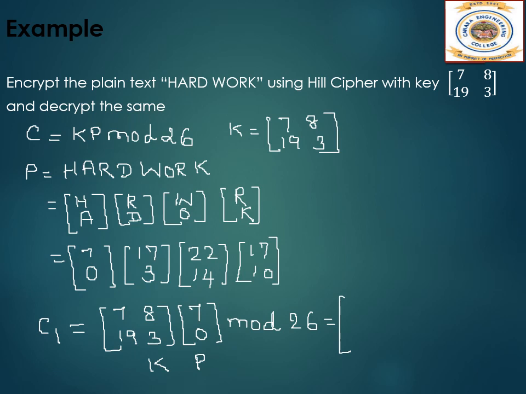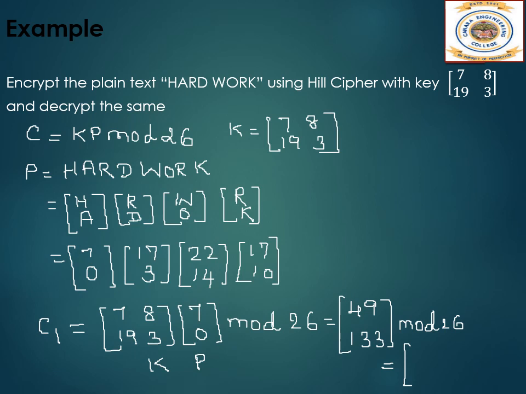So we have to multiply 7 into 7 plus 8 into 0. So I get this as 49. Then 19 into 7 plus 3 into 0. So I get it as 133, mod 26.